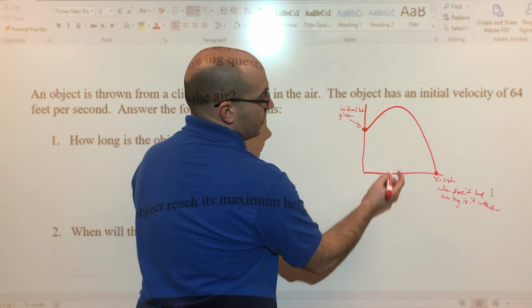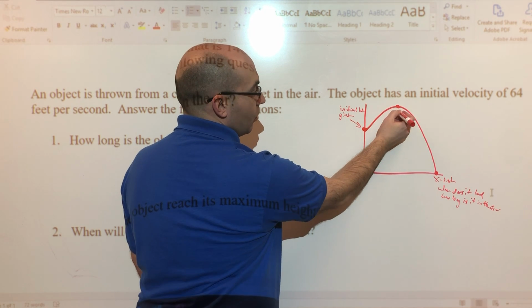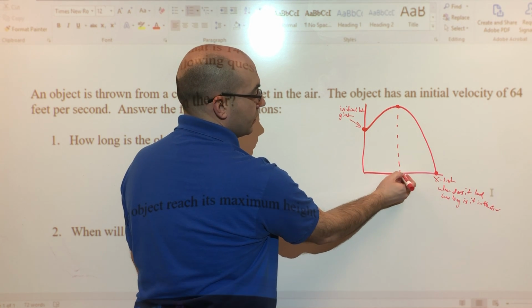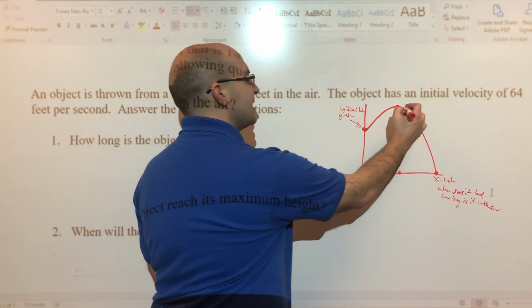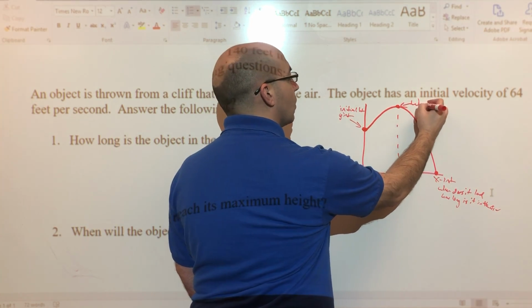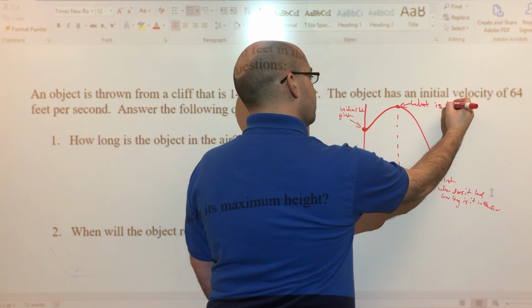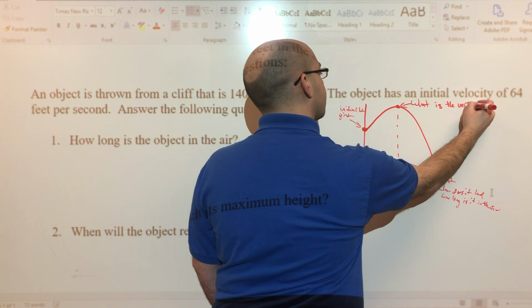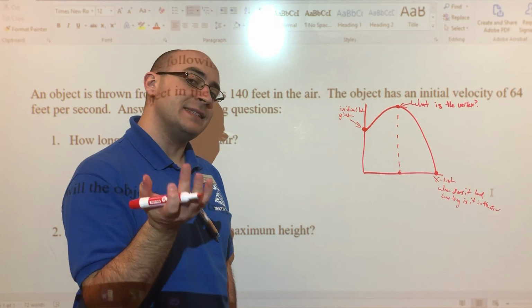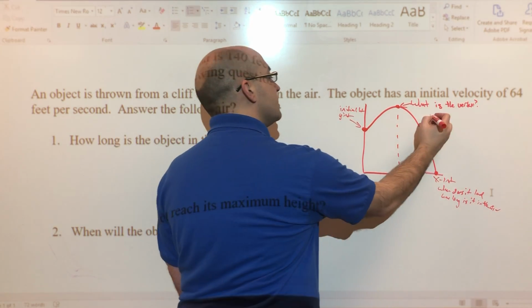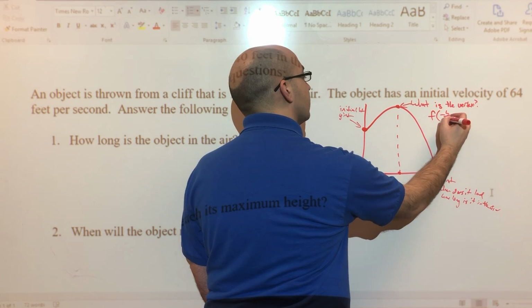Now, the vertex is also important because there's 2 questions that can come from the vertex. The first question is, what is the vertex? And that's probably more often asked. Now, the what is the vertex part represents how high is it? Like, what is the height of the vertex? Which is the function's value at negative b over 2a.